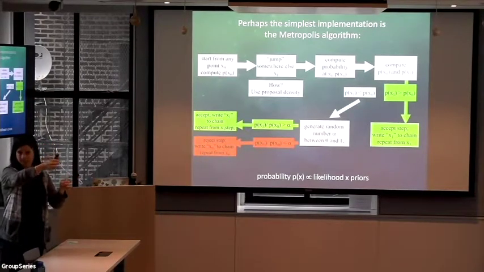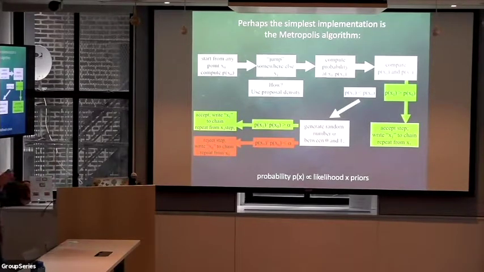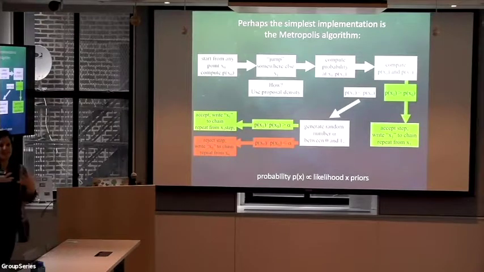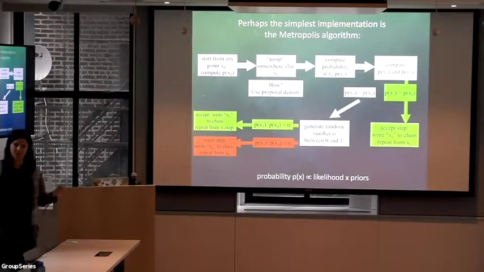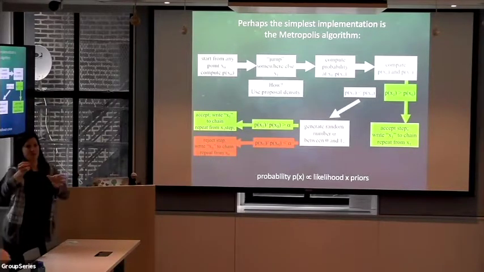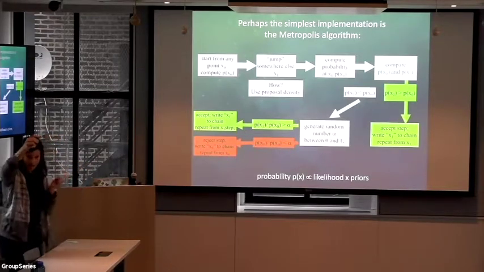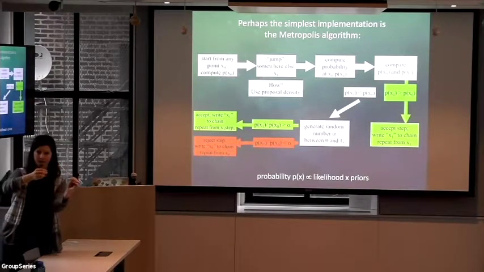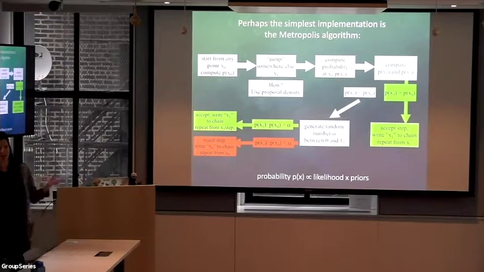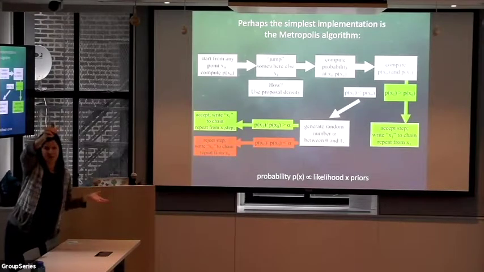Well, if it's higher, there are no doubts, you're going to accept your step. This is because, in general, you want to be moving towards the interesting regions of parameter space, which are the ones where the posterior is large. So you're walking around doing a vague biased random walk towards the interesting region. However, even if the posterior at the new location is lower, you can't always discard this point, because otherwise this will become some sort of gradient descent, where once you are at the top of your posterior, there's no way for you to move.